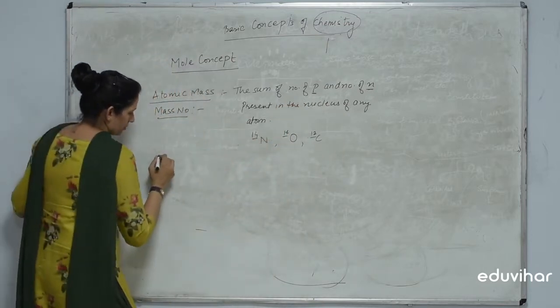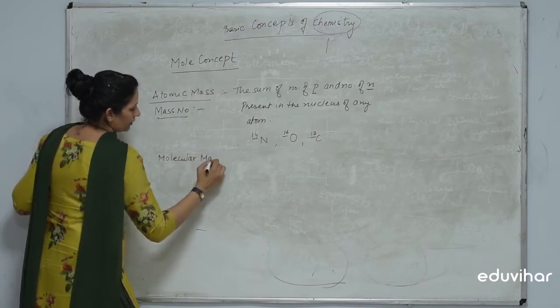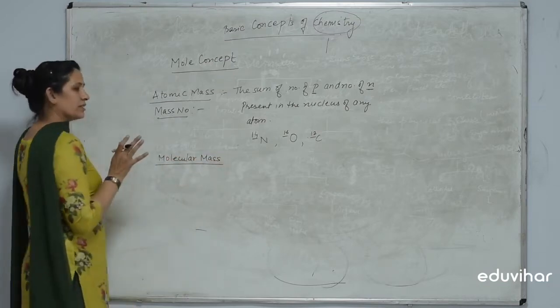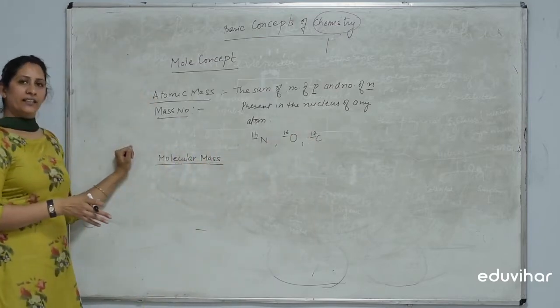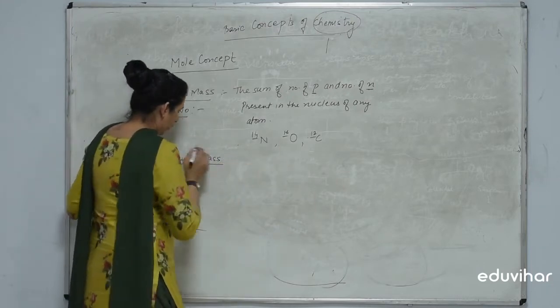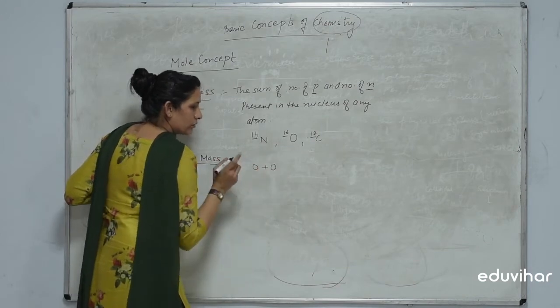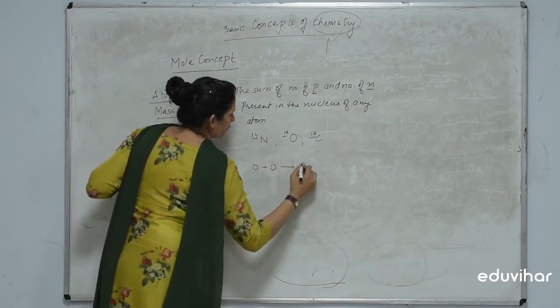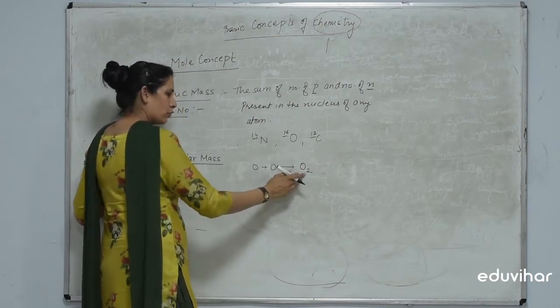Next is molecular mass. What is the molecular mass? These are the elements, here we can say these are atoms. Whenever any atom combines with another atom, a molecule is formed. When oxygen combines with a second atom of oxygen, O2 is formed.